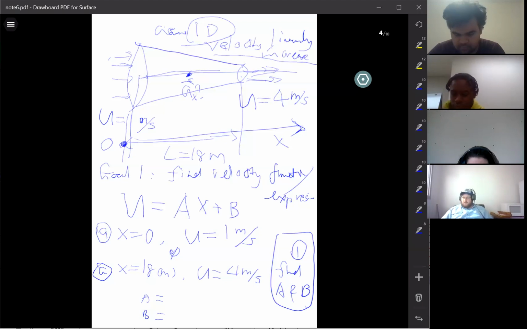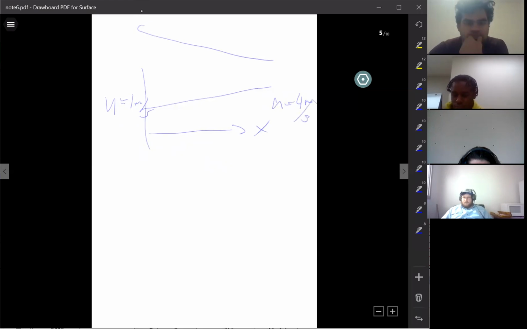Let's continue. Okay, I put it on the next page. I can draw this again, so I don't have to switch back and forth. At X, U equals 1 meter per second. U equals 4 meters per second. Okay, this is 18 meter. What is acceleration here?